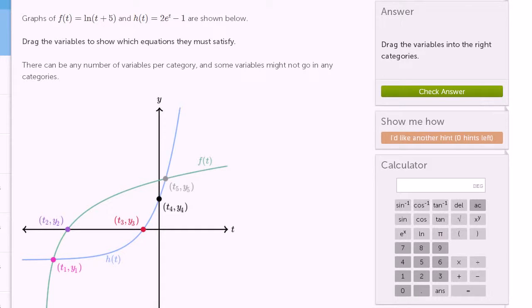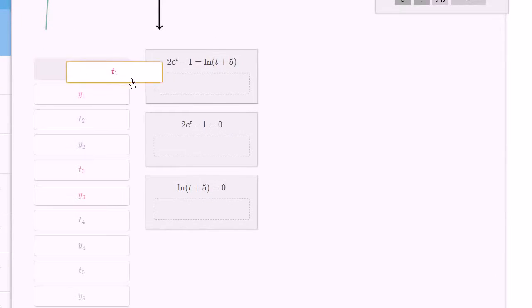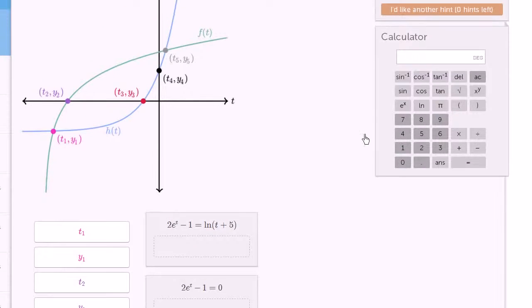So what are they talking about? Well, we have all of these variables here, and they want us to drag them into different categories. And if we look at the actual graph, we see that these variables correspond to either the t or the y coordinate for each of these points that they've picked out right over here.